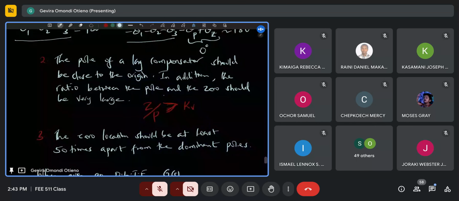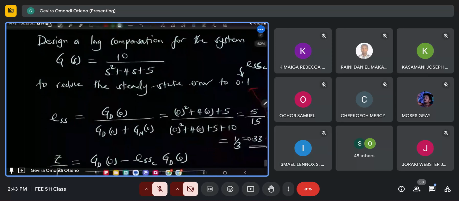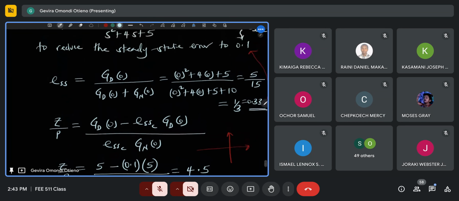We need to look at number 3, the 0 location. Remember in our design for the lag compensator, I think I already indicated that it is the pole that is closer to the origin, and then the 0 follows.